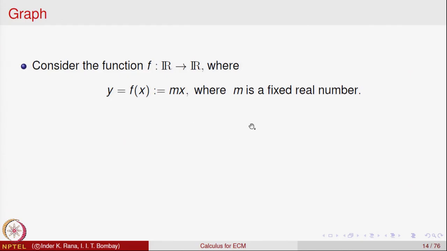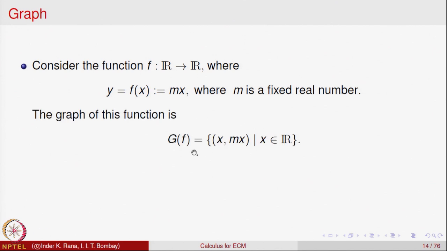We want to look at the graph of this function, what is the pictorial representation of this function. So, the graph of this is the set of (x, m x), that is (x, y) where y is equal to f of x. So, the graph is (x, m x), x belonging to the real line.